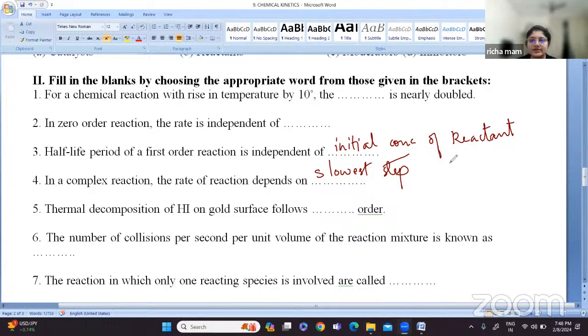Zero order. Yes. It follows zero order kinetics. Good. Fine. Moving forward, next question.